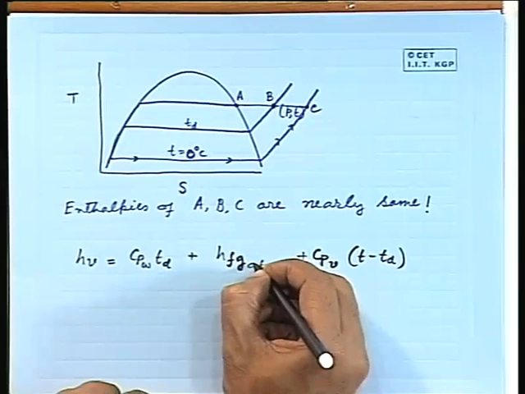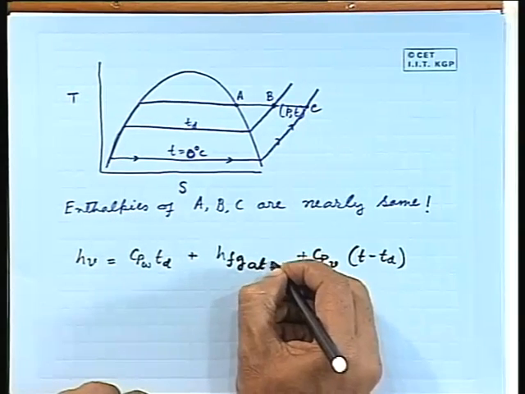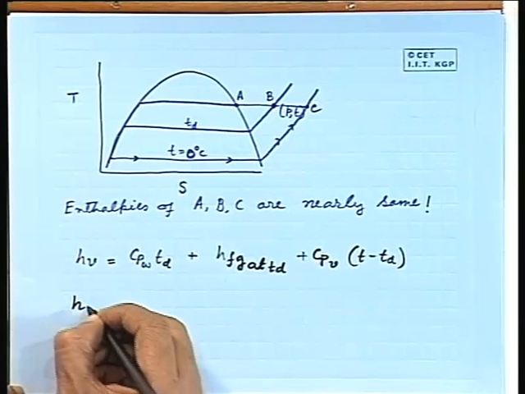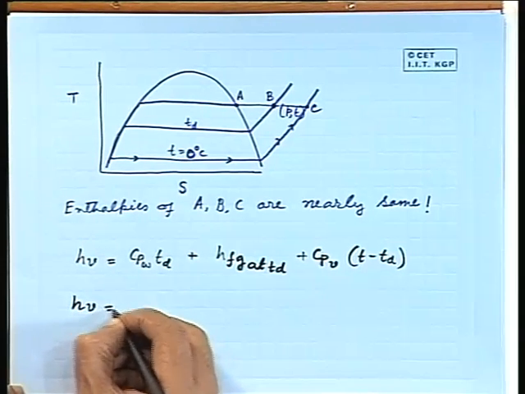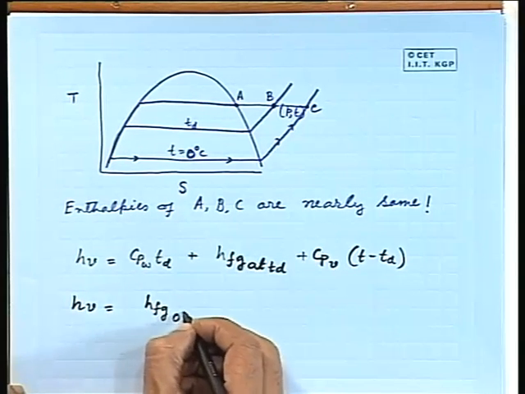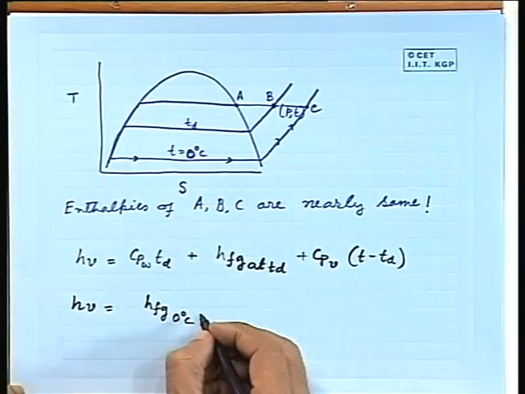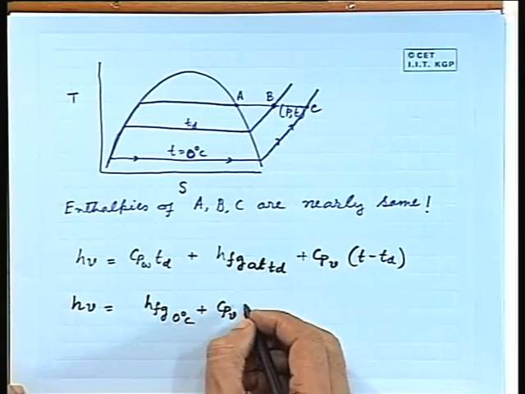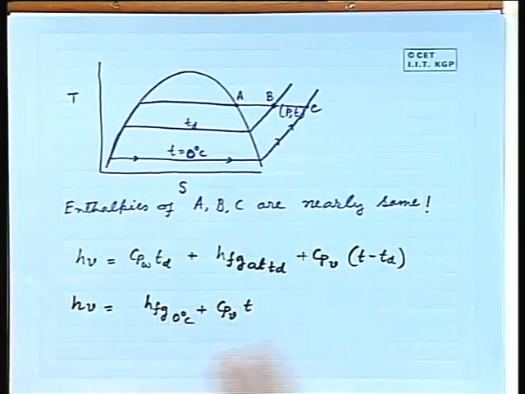So, this was my earlier expression. Instead of it, I am now writing HV is equal to HFG at 0 degree C plus CPV into T minus 0, so T. So, this is much simplified.